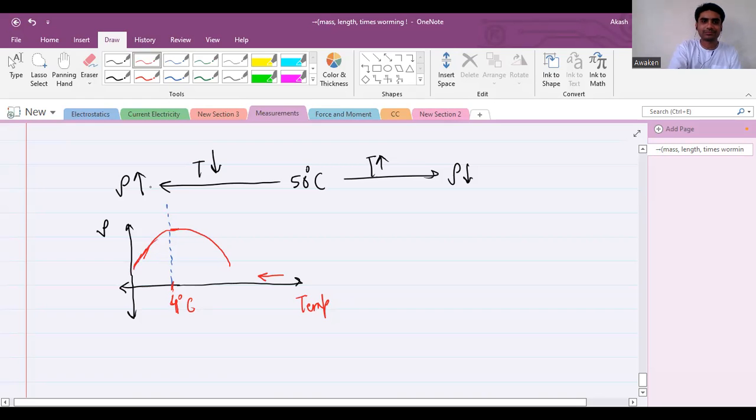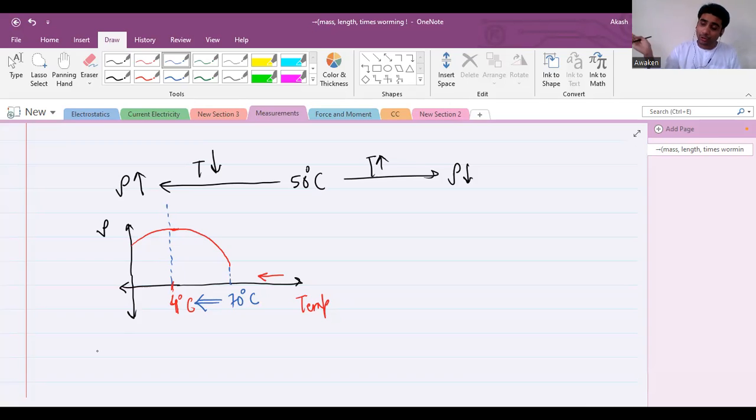Say the initial temperature we started cooling from was 70 degrees centigrade. You keep on cooling. What will happen to the density? It should increase because I'm cooling. The density is increasing, right?